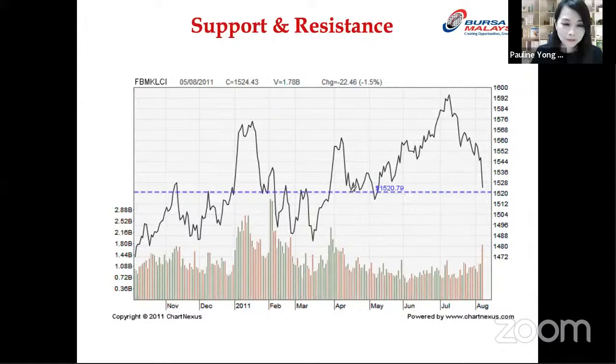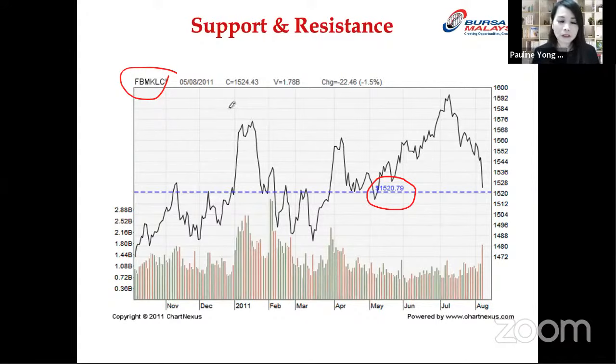Now, interesting, because I've been teaching technical analysis for many, many years. This chart was from 2011, about 10 years ago. I use the same chart because I want to show you that this 1520 for our KLCI is still a very, very important support and resistance horizontal trend line.